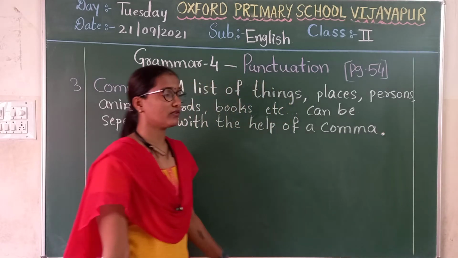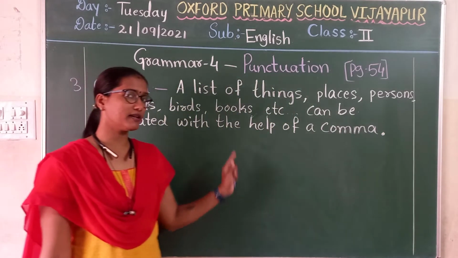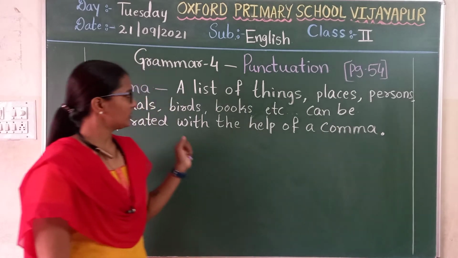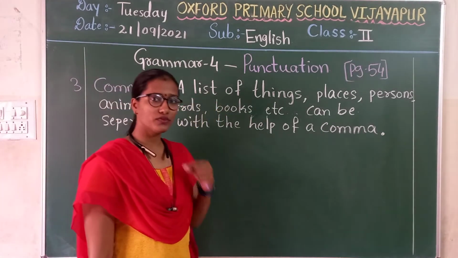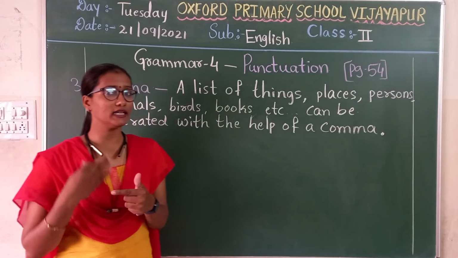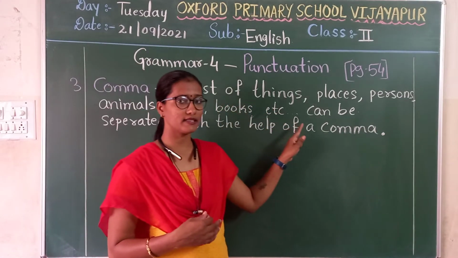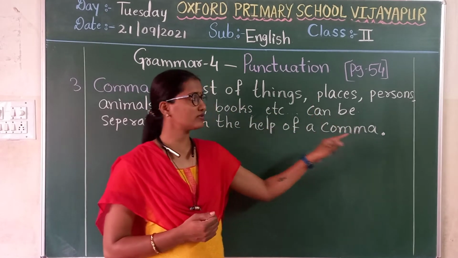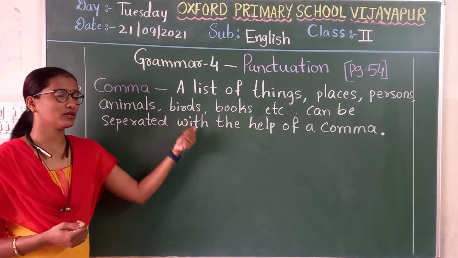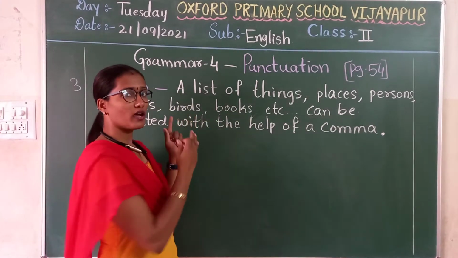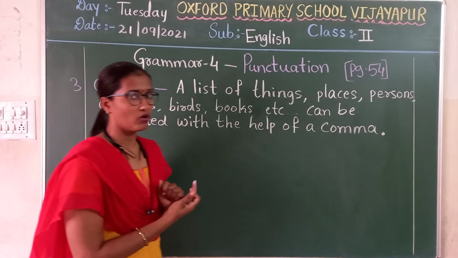Now I have given the full stop because I have completed my sentence. Here, see, a list of things. When we are writing a list of things, places, persons, animals, birds, books, we are dividing, we are separating them all.